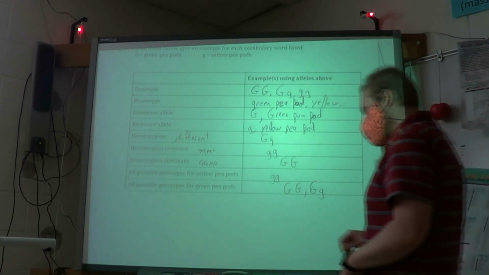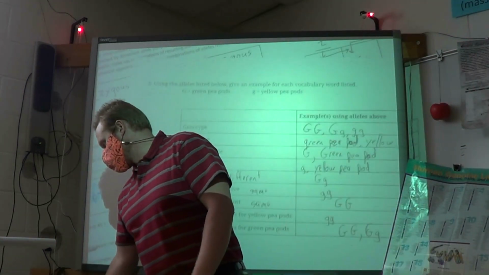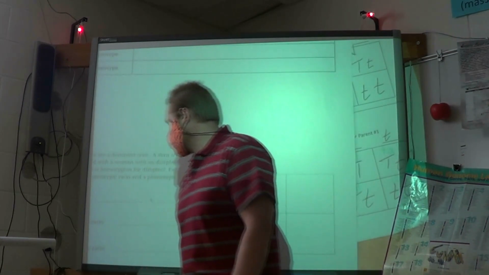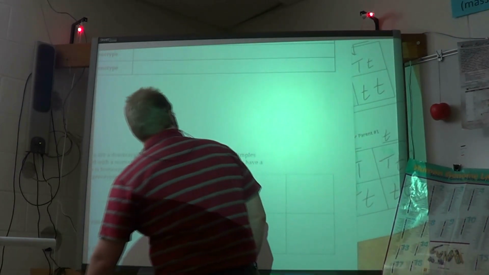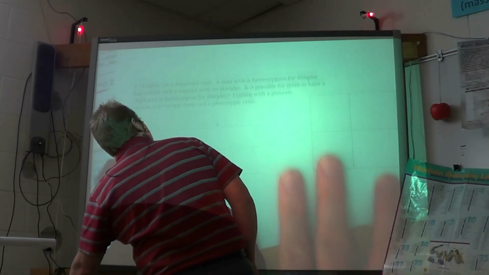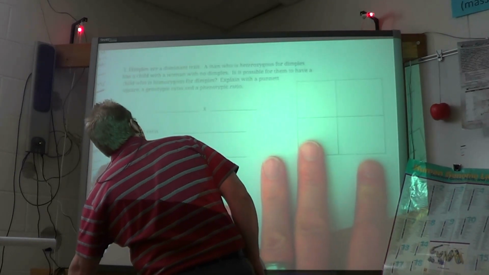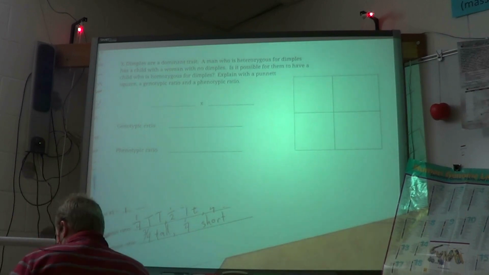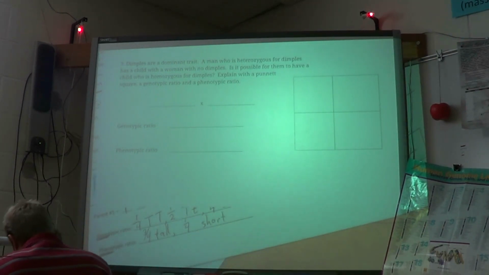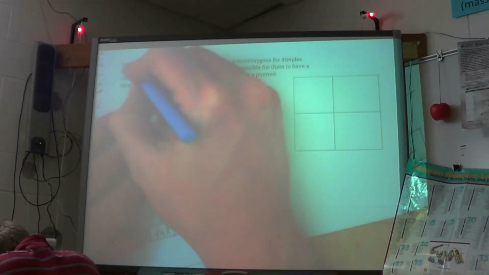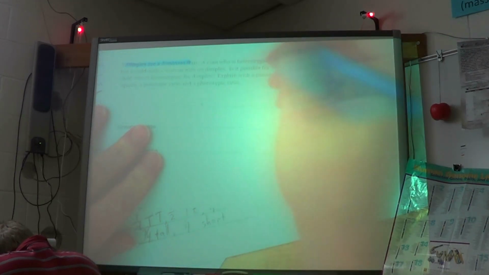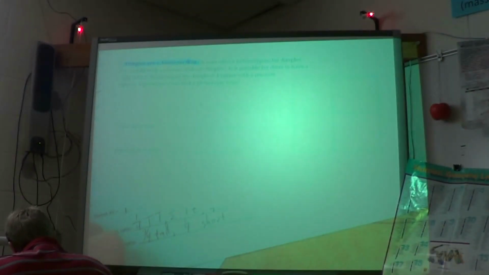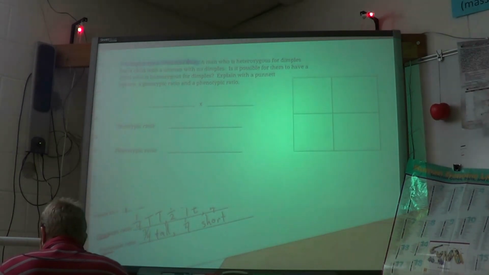All right, again, the intent was to have two half sheets, so now we're going to flip it back to the front. The front has question number 3 on it. It says dimples are a dominant trait.